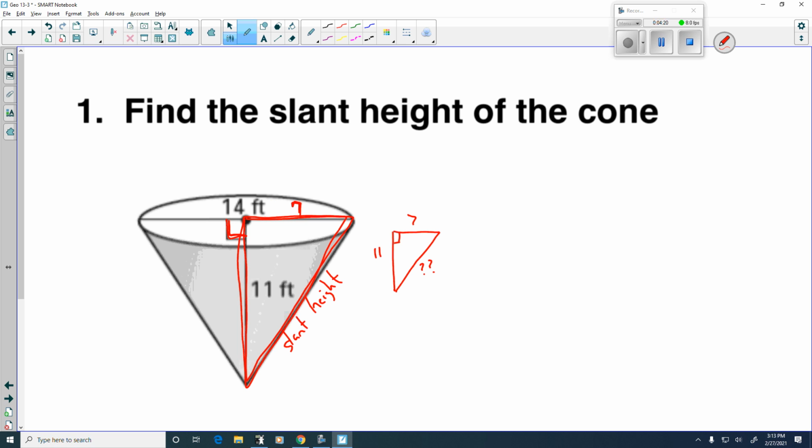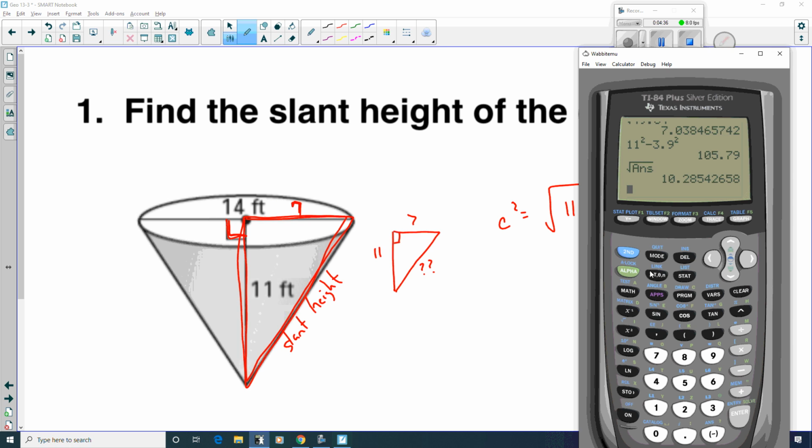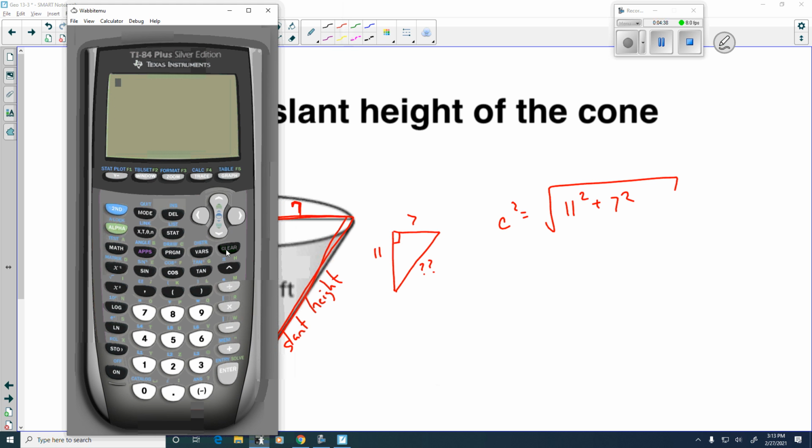And so to find the slant height, that's the hypotenuse. So C is the square root of 11 squared plus 7 squared. The slant height will always be the hypotenuse. The altitude is one of the legs of those triangles. And so I end up here with 11 squared plus 7 squared is 170. And then I want to take the square root of that answer to get 13.04.